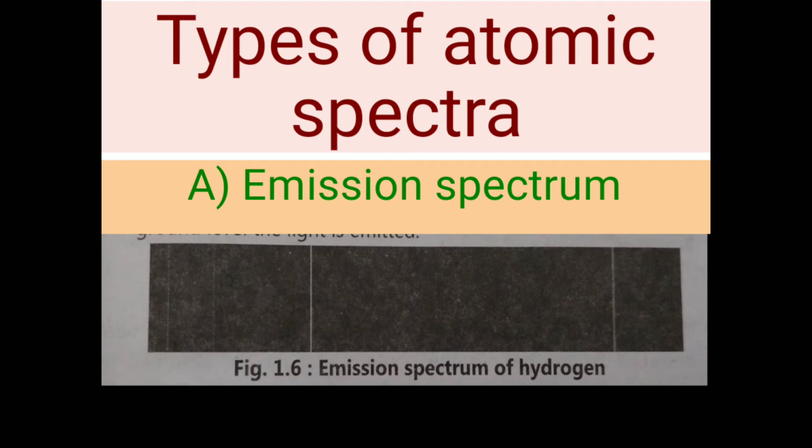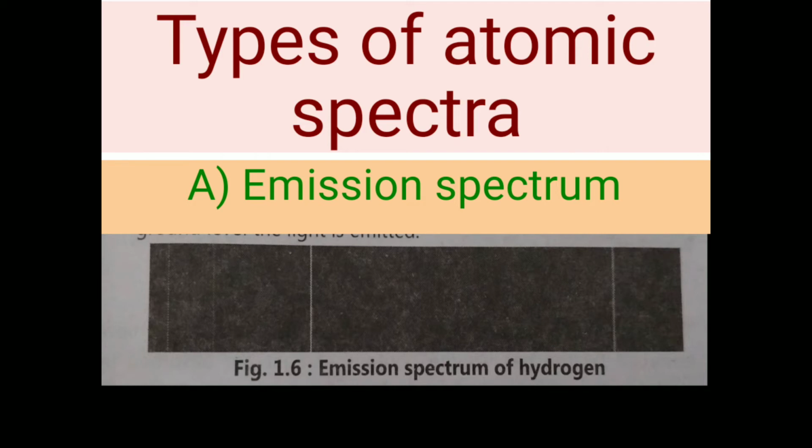When an electron from a lower energy state absorbs energy and jumps into a higher energy state, when it comes back to its original state, the electron emits or releases its absorbed energy in the form of radiation, and this radiation is used to generate a spectrum.